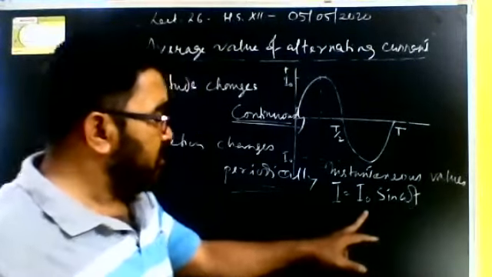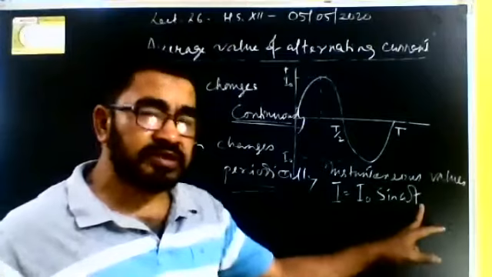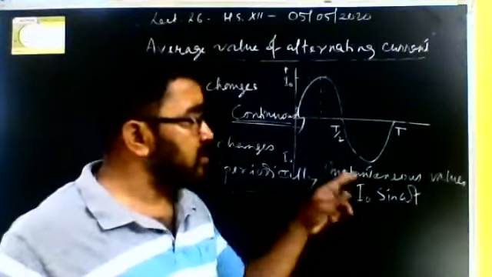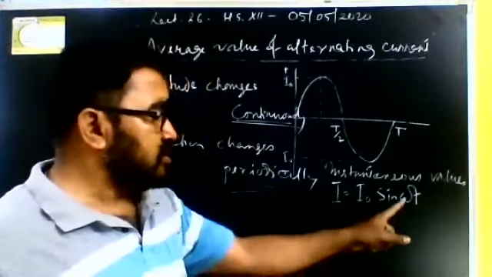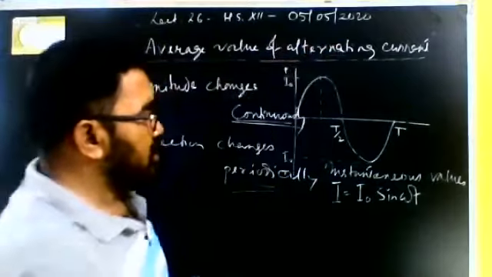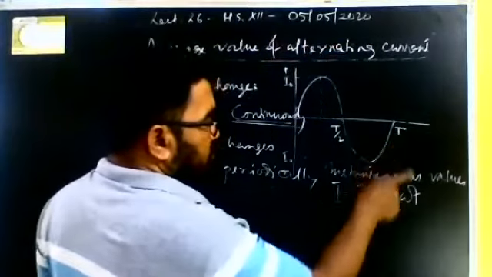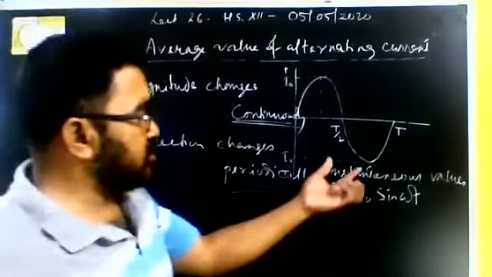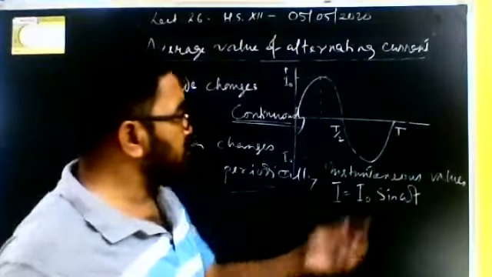So this is not the average value. This is the current at a particular instant t. Here small t can be replaced by capital T if we assume that this is the total time period.